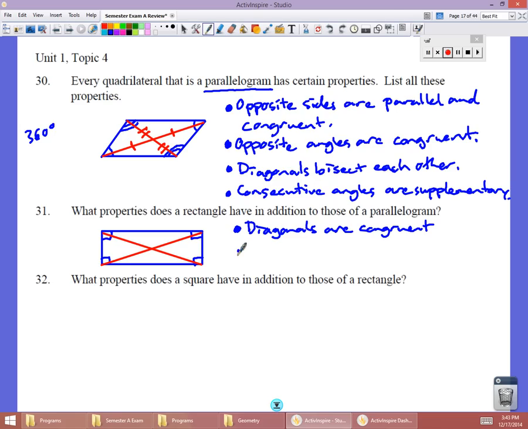And the second thing is going to be that the angles are all right angles.